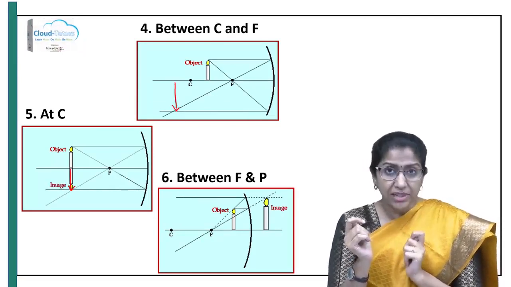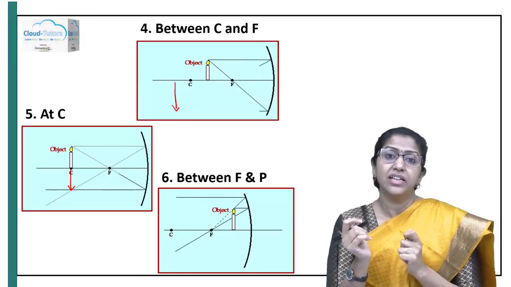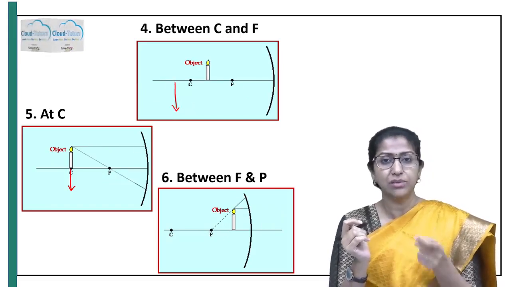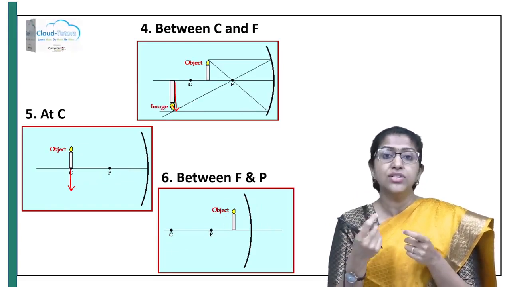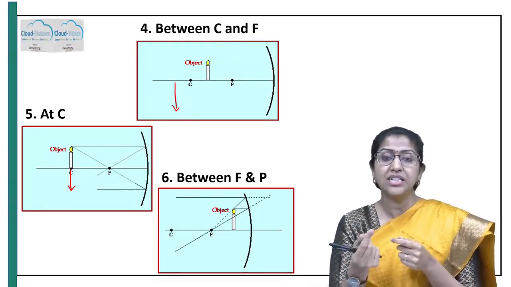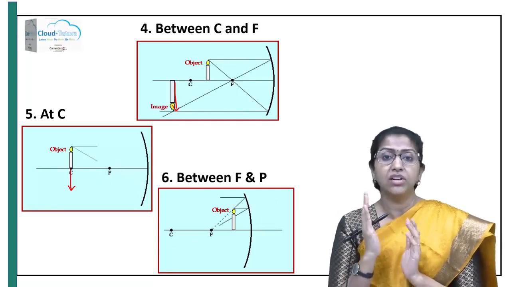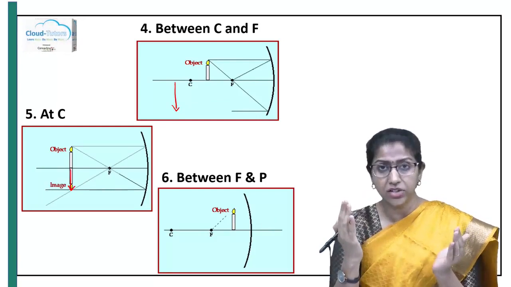Hence, concave mirrors are usually used as makeup or shaving mirrors, or they are also used by dentists. If you go to a dentist, they use a small tiny mirror to look at your teeth, correct? That is a concave mirror, because when you hold the object very close to a concave mirror, it always gives you a virtual, erect and a very enlarged image.